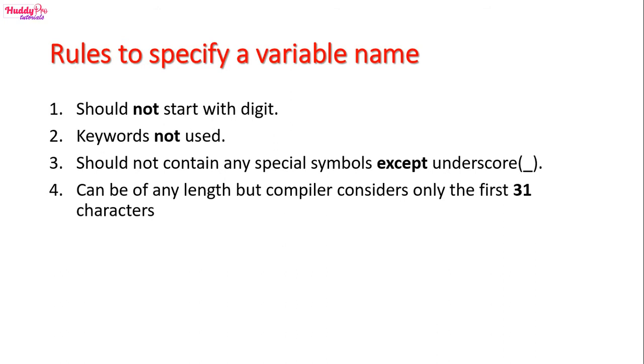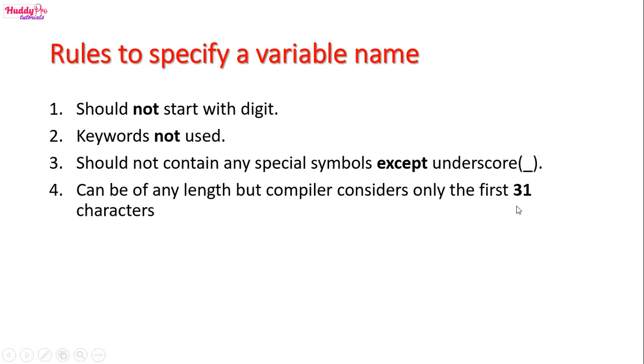They have a certain reserved purpose they should serve to the compiler, and that purpose is already known by the compiler. Number three, variable name should not contain any special symbol except the underscore. So that dash we said is the underscore. Symbols like question mark, symbols like the $ sign, symbols like the hash, all those cannot be used as variable names.